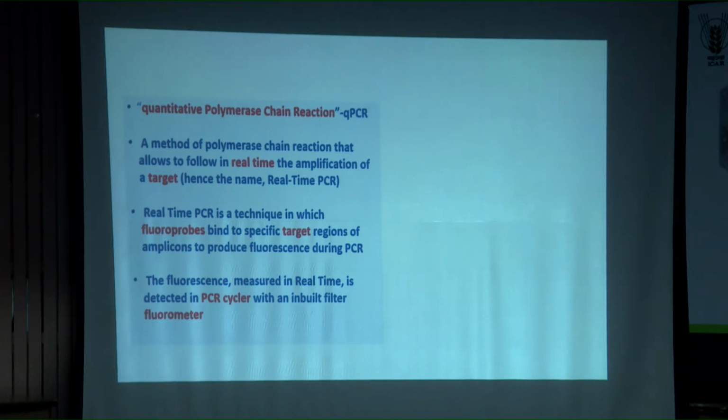The color is produced when the target binds, what is the target here? Suppose you are amplifying a specific gene, I think most of you must be using ITS, the internal transcribed spacer region, for your fungal identification. So the ITS region is the target, right? So here the target is bound with a dye, or what is called fluorophore probes, right?